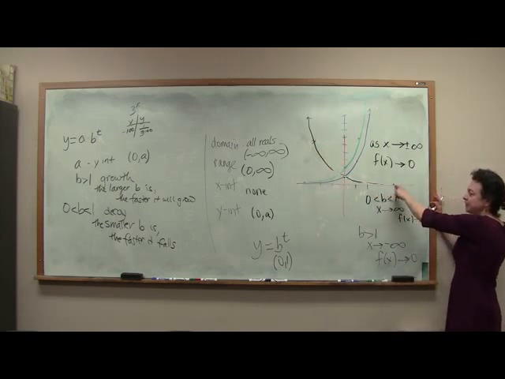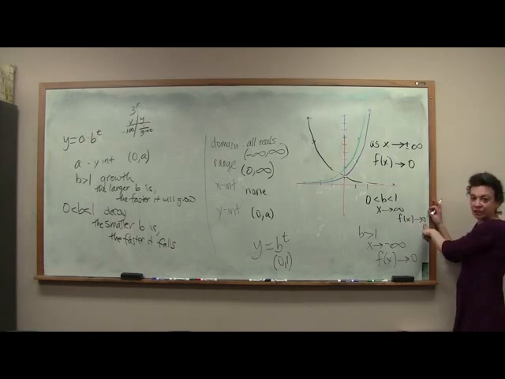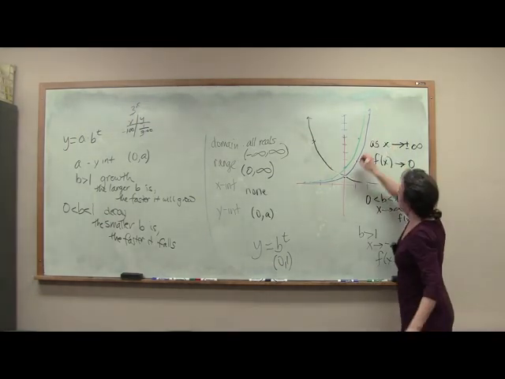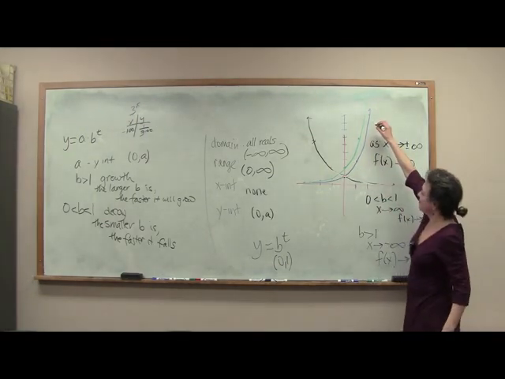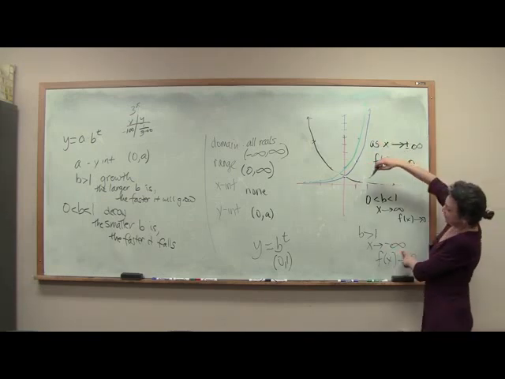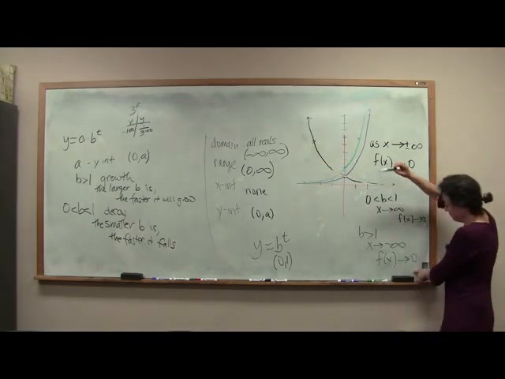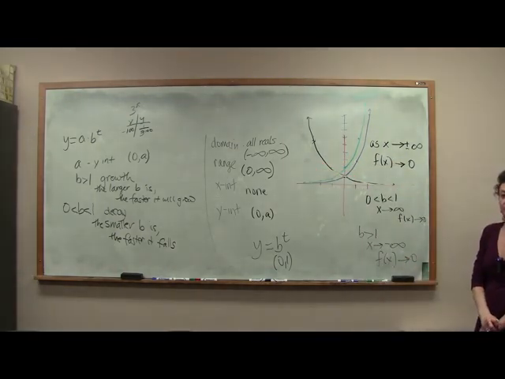Notice as my x values are getting really, really big, my function values are approaching 0. They never actually equal 0, but they're approaching it. And similarly, in both of our graphs where we have exponential growth, notice as x goes to negative infinity, in other words, as x gets really small, my function values are approaching 0.